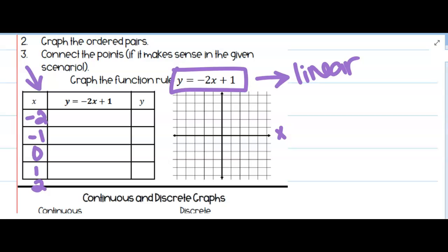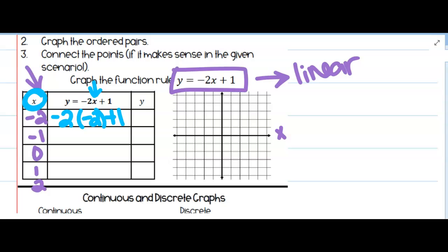Now, what we're going to do is take these numbers and plug them in for x. For the first one, I'm going to plug -2 in for x. My function rule says we're going to take -2 times x, and x we said is -2, and then my function rule says we're also going to add 1.